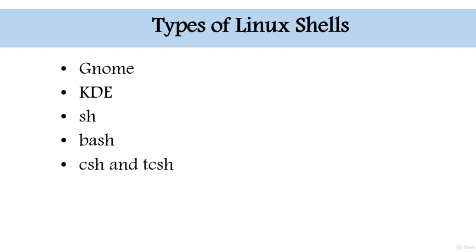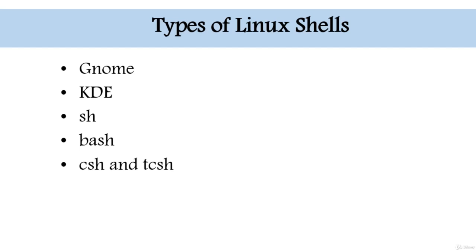Then there are other shells. There is the C shell and the TC shell. Developers have written a large part of Linux operating systems in the C and C++ languages, right? Using C syntax as a model, Bill Joy, who was at Berkeley University, developed the C shell in, I believe, 1977 or 78. Then Ken Greer, I think that was his last name, working at Carnegie Mellon University, took the C shell concept a step forward and came up with a newer shell, which was the TC shell.